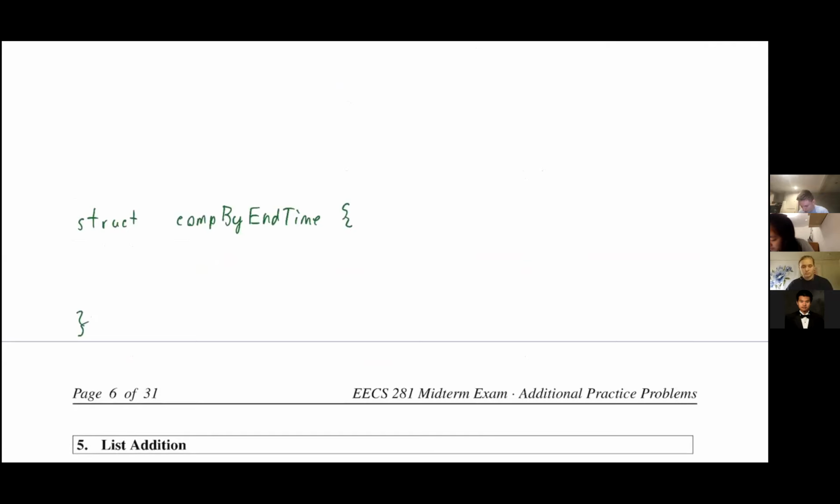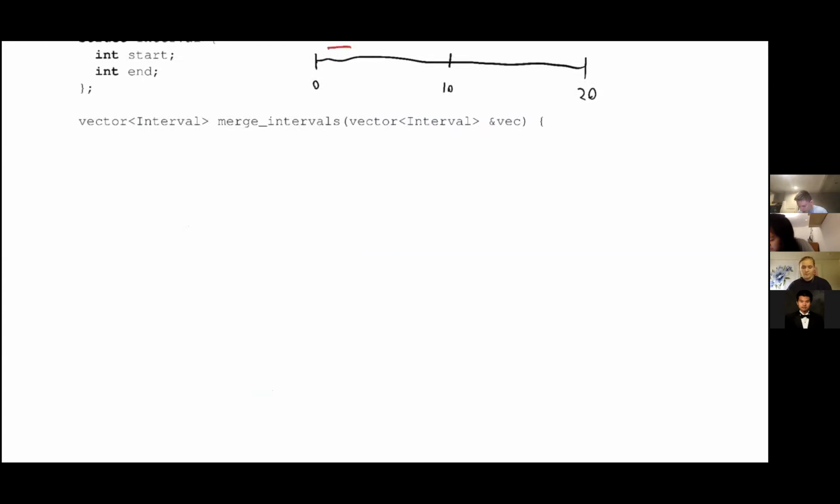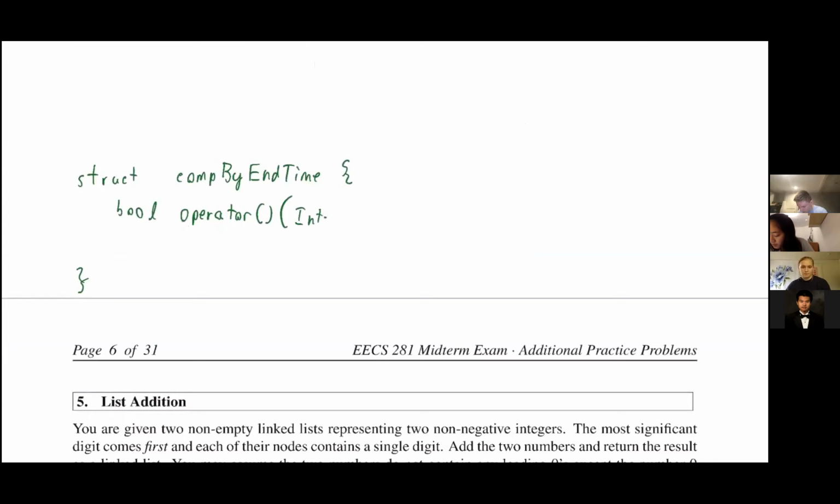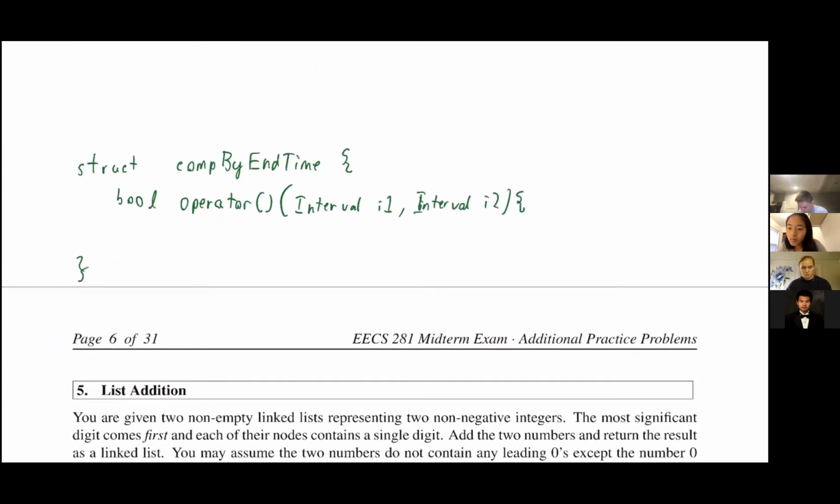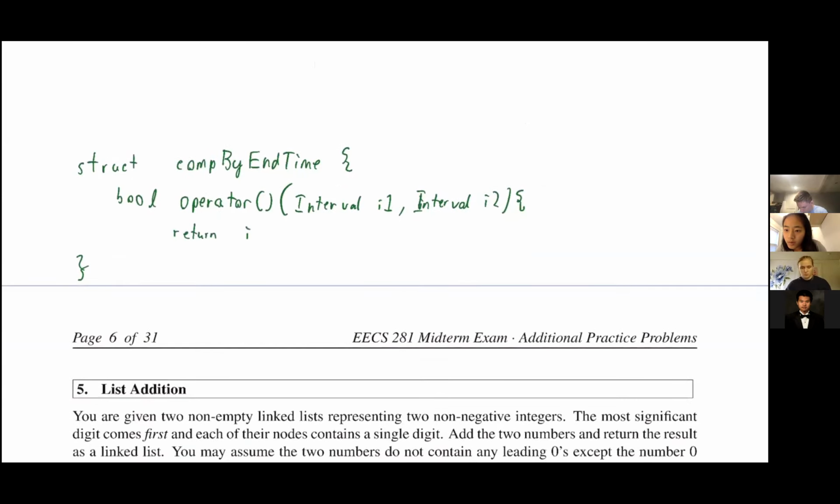And then I would do just a typical comparator, bool operator(), and then we have Interval objects, so capital I Interval, right?